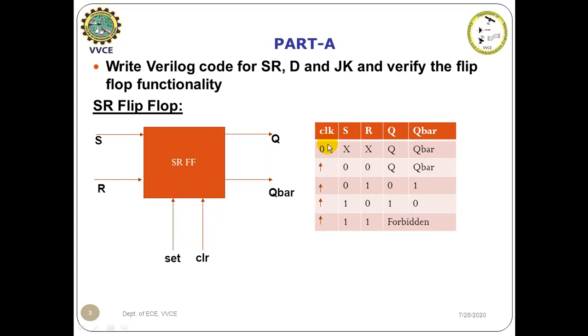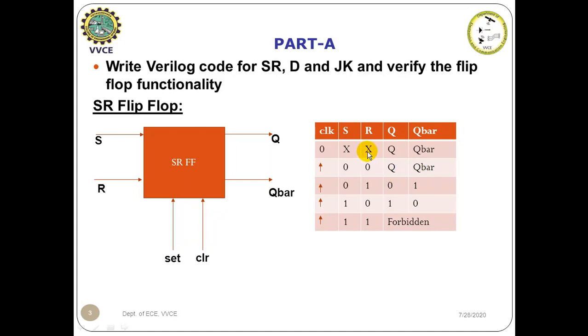If clock is 0, irrespective of any condition on the SR input, the output should be Q and Q bar, meaning the previous state. For every rising edge of the clock, for different input combinations of S and R: if S is 0 and R is 0, the output is the previous output.